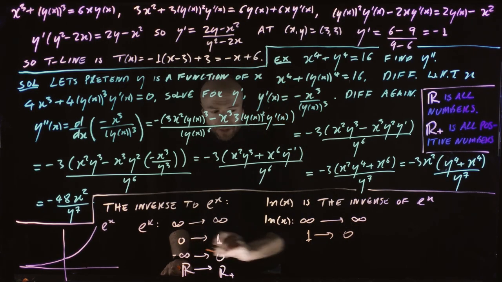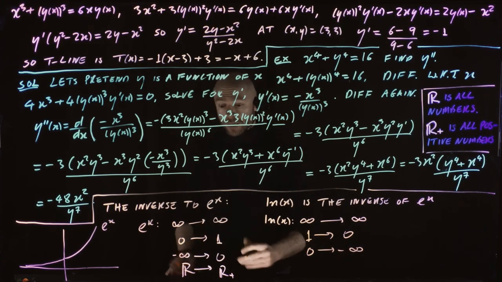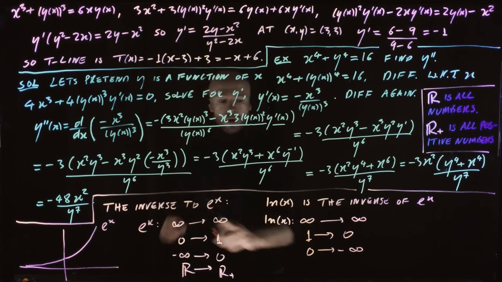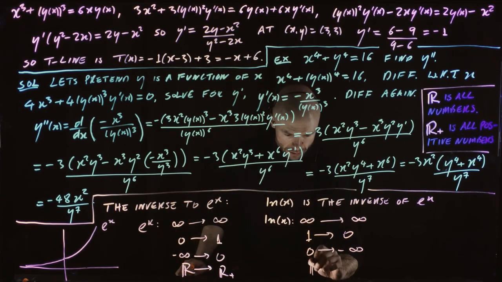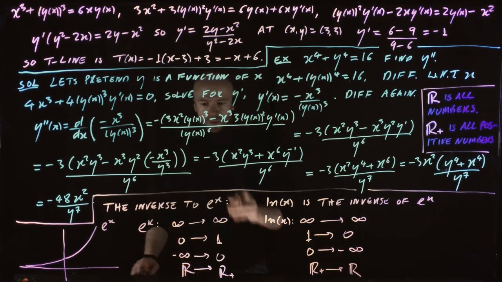It's going to send 0 to minus infinity, and it's only going to be defined on the positive real numbers, and it's going to send the positive real numbers to the whole real line.